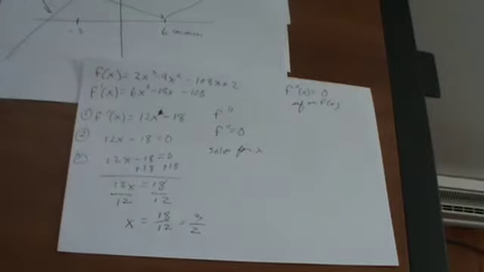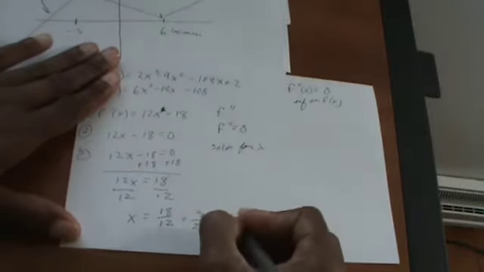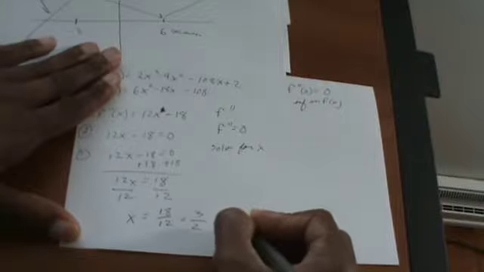Okay, so either you can put 1.5 or 3 over 2, whichever way you want to do it. All right, so this is an inflection, or a question mark, right? So why? Because it's where the second derivative was equal to 0.